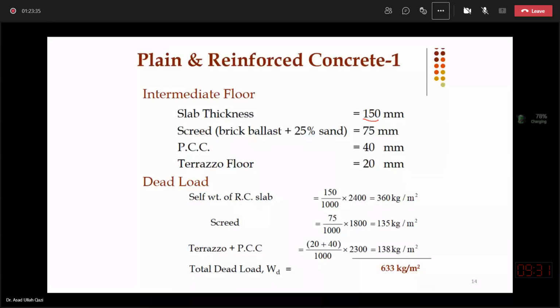they are assuming the slab thickness 150, screed, which is brick ballast plus 25% sand. So normally it comes from architecture working drawings, what they are planning in terms of floor finish.